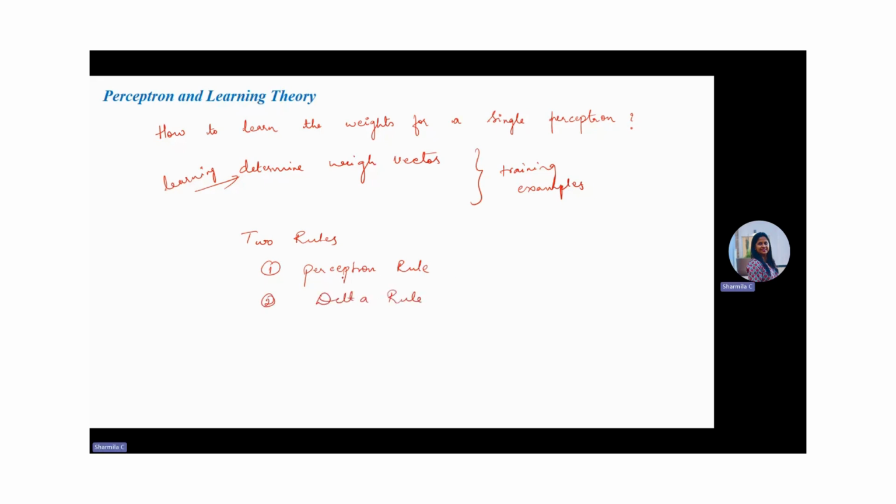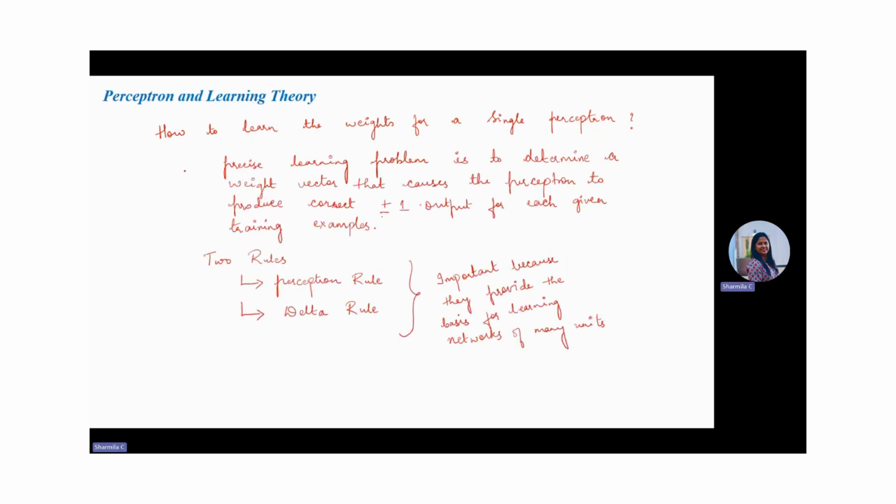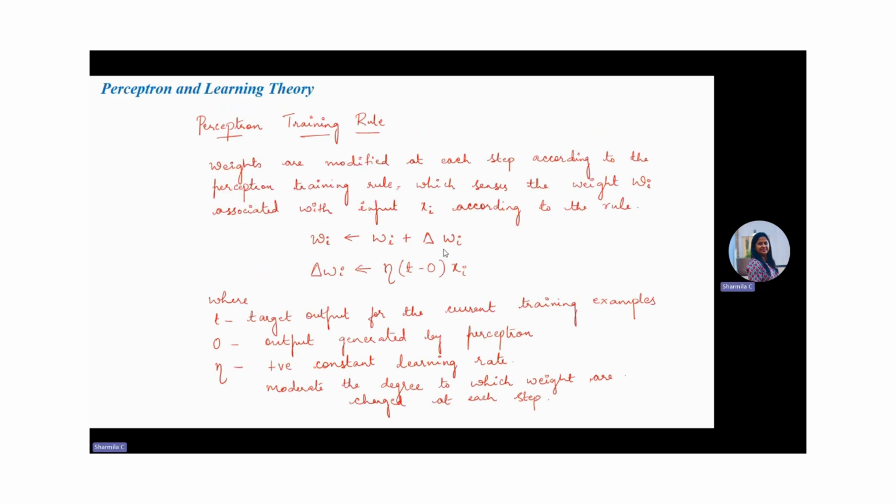Initially, we'll see how to use the perceptron rule to learn the weights, and later we'll see the delta rule. This is important because they provide the basis for learning networks of many units. Today we'll take the perceptron training rule.